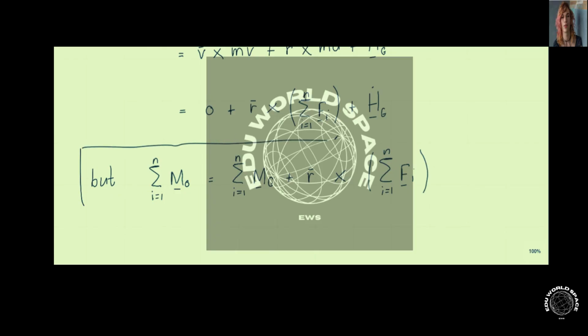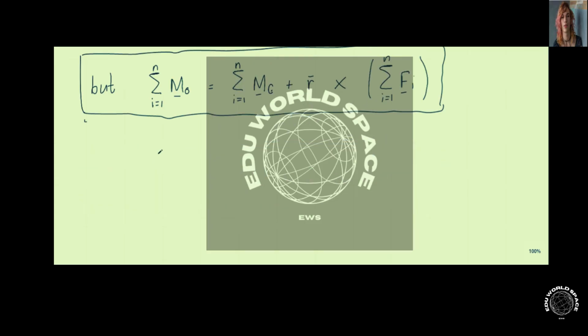So if we compare this to the equation above, we can see that we can replace H dot with sigma M_G.